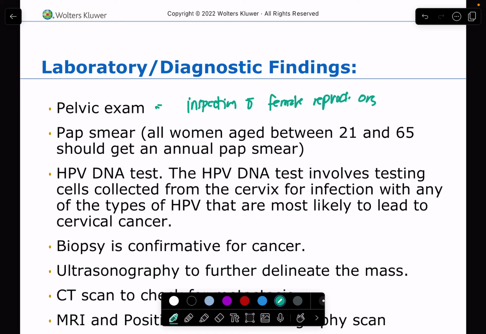Lahat titignan yan, vagina, uterus, fallopian tube, ovaries, cervix, and so on by means of the speculum. Okay. Pap smear is also the Papanicolaou test. Okay, the other name for this one is the Papanicolaou test.